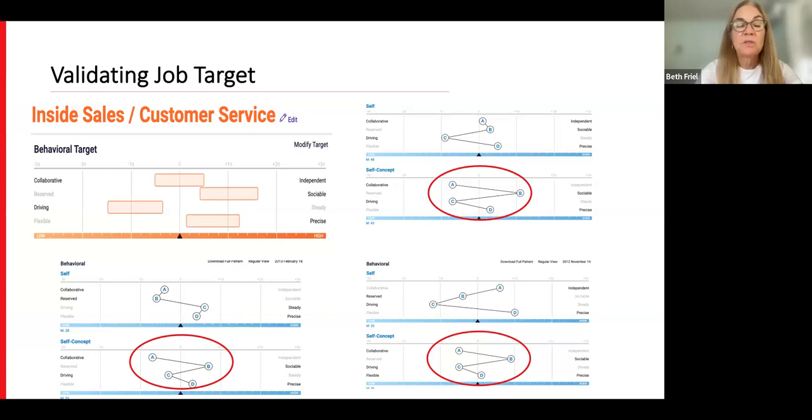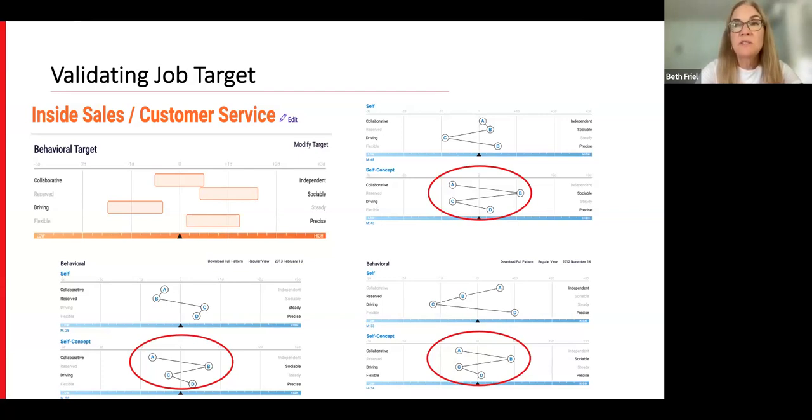And this is good to use for an existing job where you have people who are in that job and you can look at a recent self-concept, or if they've been in the job a long time, you can look at an older one. But we use this to validate a job target as well.